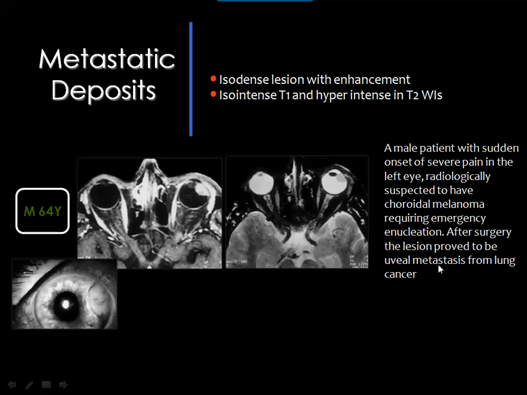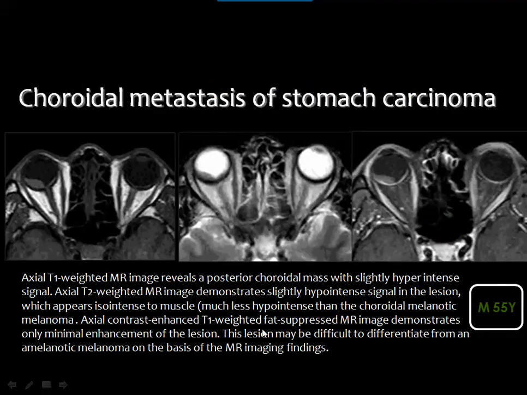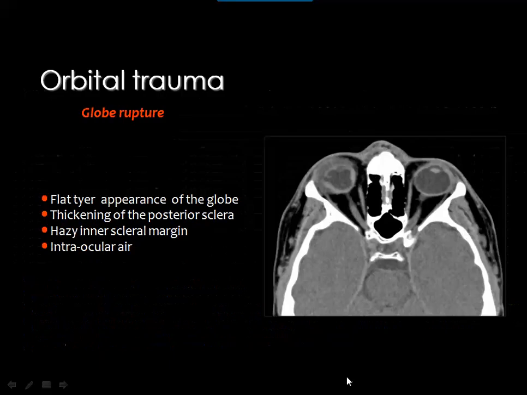After surgery, the lesion was proved to be metastatic from lung cancer. Commonly, if you don't know that the patient had a primary malignancy, you diagnose this lesion as malignant melanoma. But if you know that the patient had a primary malignancy, then you should combine both lesions into a single pathology, and you think of metastasis from the known primary malignancy.